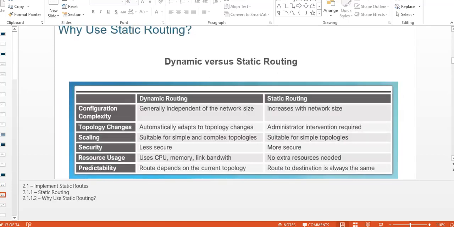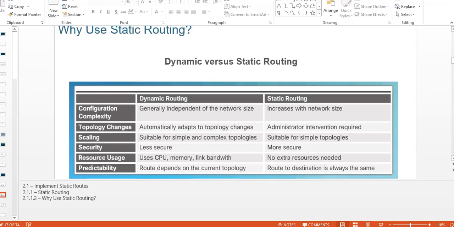What are some of the differences between a static route and a dynamic route, and why should one use static route over dynamic routing? Dynamic routing protocols generally depend on the network size, but with static route, configuring becomes a lot more complicated if the network devices increase.